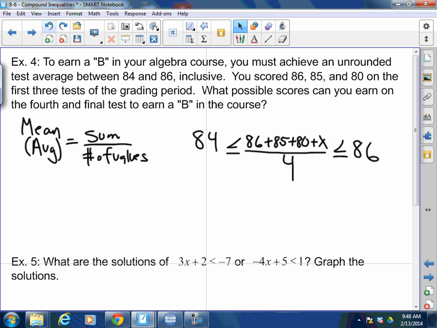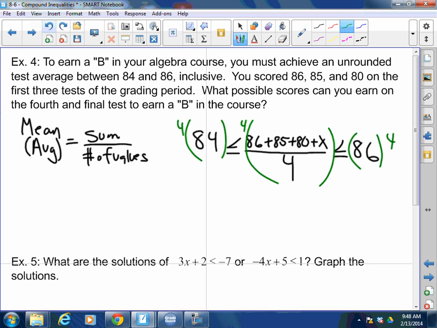Old skills coming back to haunt us, like always in math. So that's going to be 320, 336. That 4 cancels with that. Okay, 80, 80, 80 is 240, and 11, 251. And less than or equal to 320 and 24, 344.